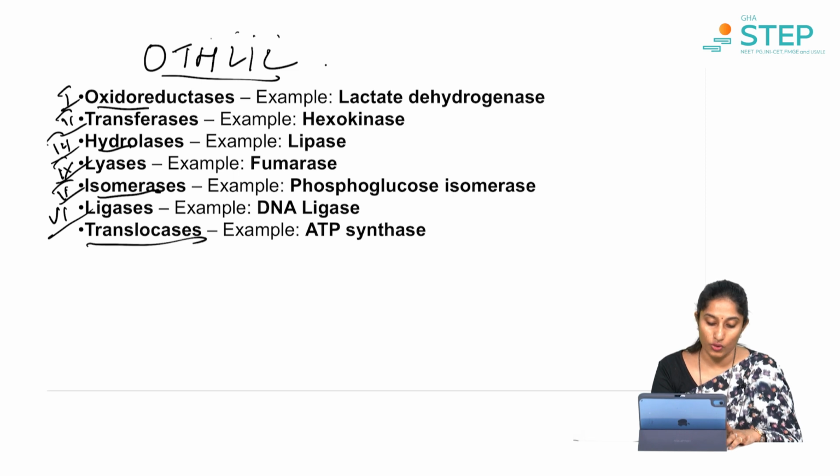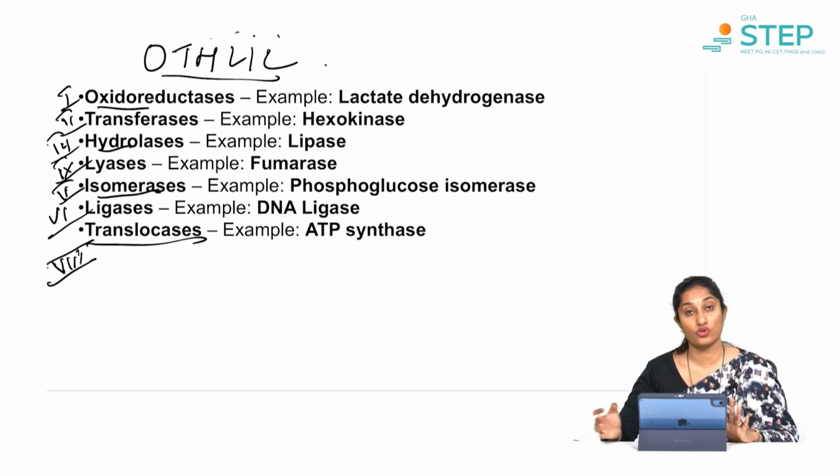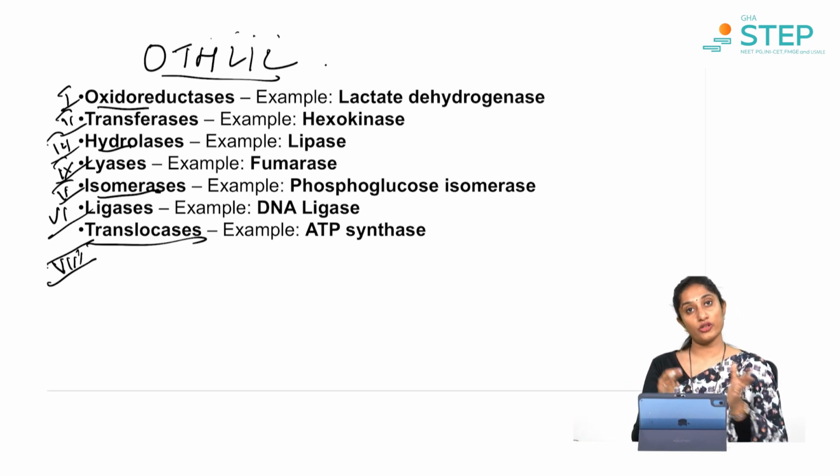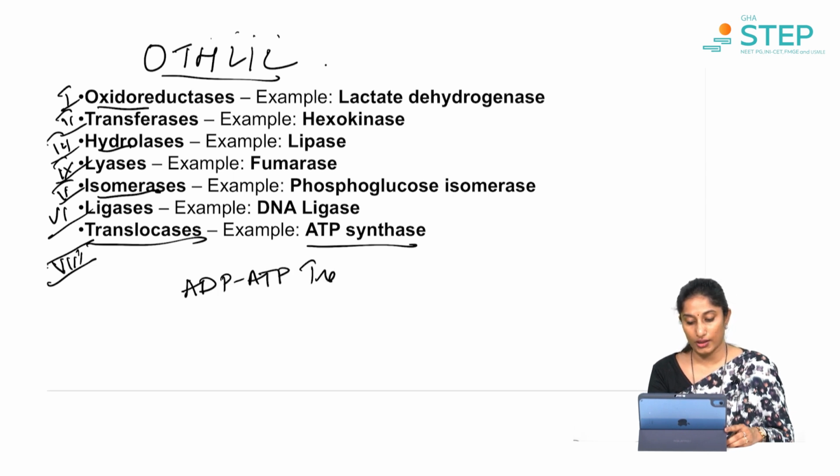Now, translocases are a new addition, the 7th class of enzyme. Translocase is different from transferase. Translocase is a change of location. Commonly we have ATP synthase or ADP-ATP translocase.